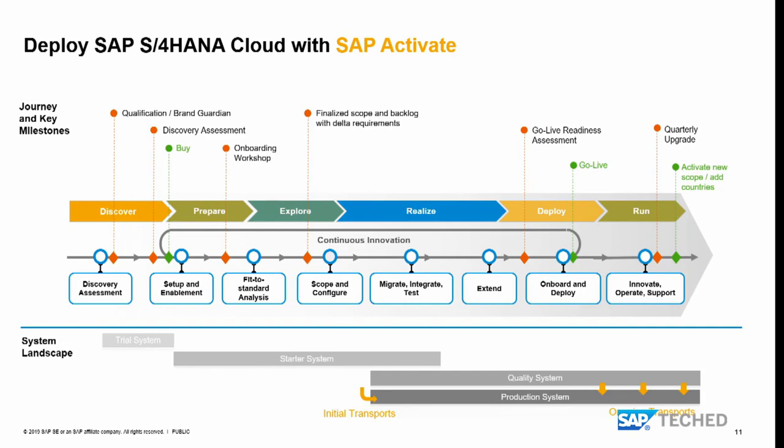Everything begins in the discovery phase with a trial system. You might try some processes and see how the usability is, which processes are supported, and as soon as you make the buying decision, then also our implementation tool is available for you.